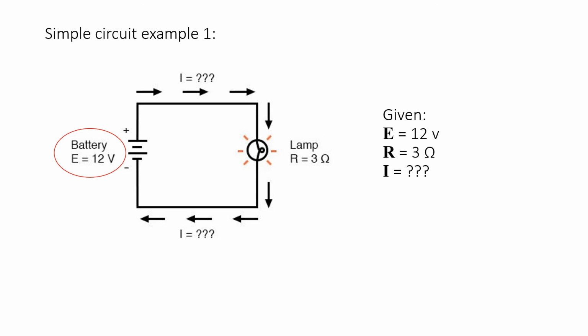While the lamp, which indicates the resistance, has a value of 3 ohms, or R is equal to 3 ohms. Now determine the amount of current in this circuit.